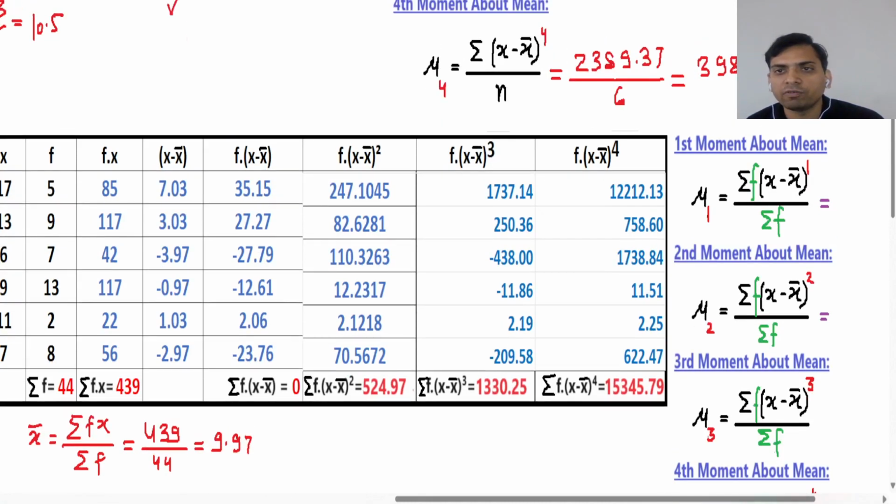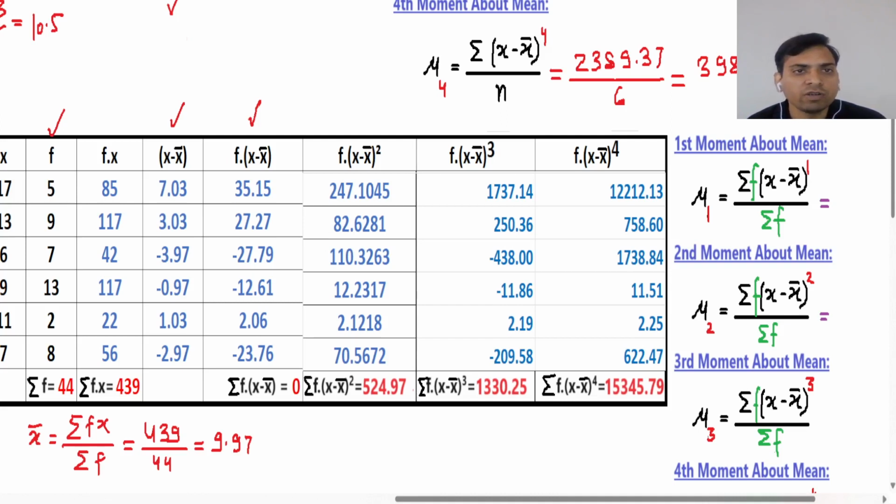So now we will see formulae. In formulae, now we will include F and summation F. So first task, column of x minus x bar. Now we need multiplication with F also. So we will multiply this column with this, then you will get F into x minus x bar. And after that you need square this column for second moment.